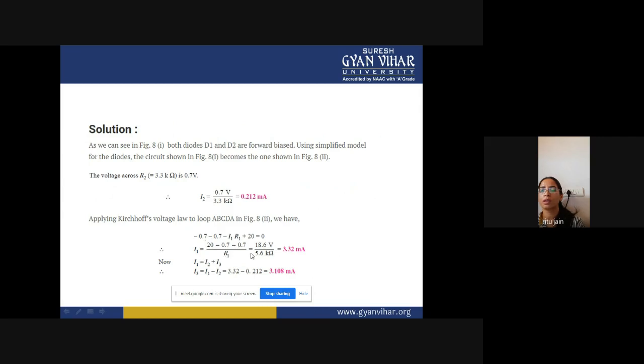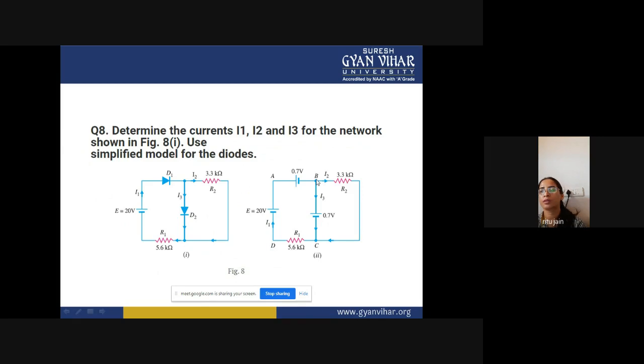So I1 is equal to 18.6 volt upon 5.6 kilo ohm, which is equal to 3.32 milliamperes. Okay. So the value of I1 is 3.32 milliamperes. And I1 is equal to I2 plus I3, because we have already found this equation by applying KCL at this point.